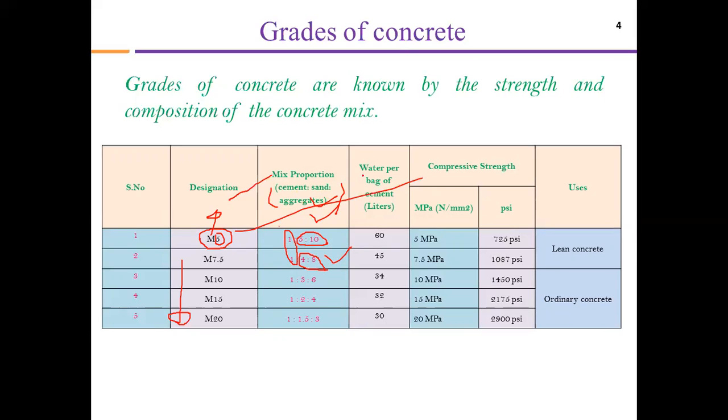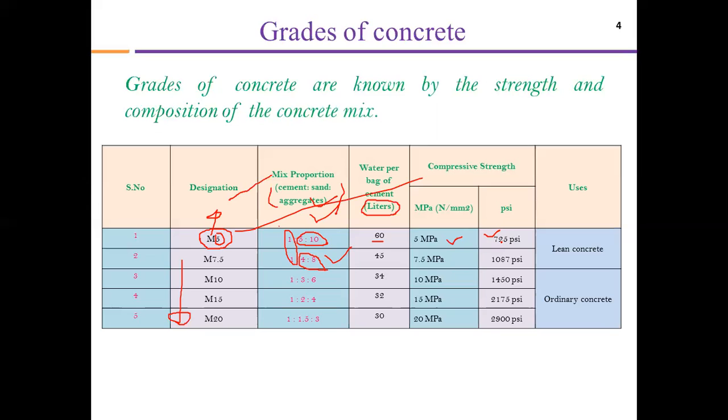Okay, and the water per bag of cement for this particular mix is 60 liters. And the characteristic strength after 28 days from the initial casting will be 5 megapascal or 5 Newton per millimeter square. If we convert this to psi, pounds per square inch, it will be 725 psi.